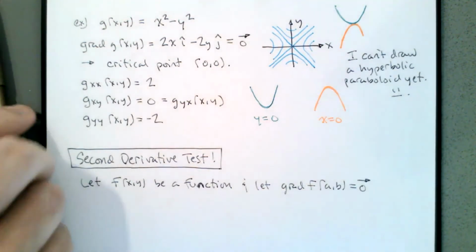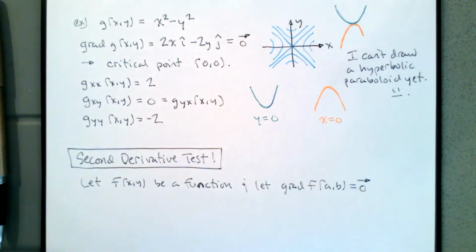Specifically, the second derivative test is what we're going to use when the gradient is equal to 0. We're going to have to do some other stuff if the gradient is undefined at a point, because we won't be able to do second derivatives because the first derivative is undefined.